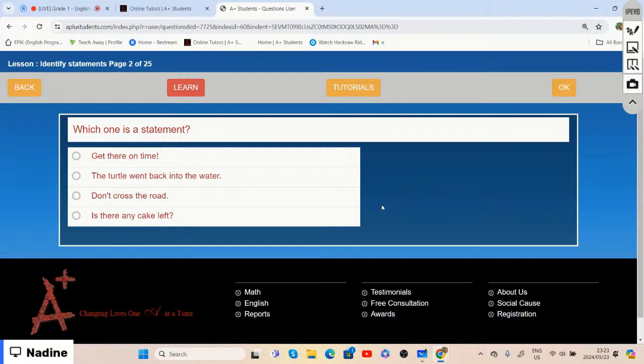We need to say which one is a statement. Is it the one that says get there on time? Or option two, the turtle went back into the water? Number three, don't cross the road? Or the fourth one, is there any cake left?